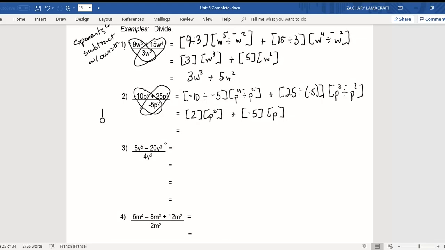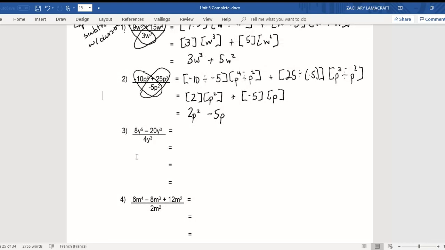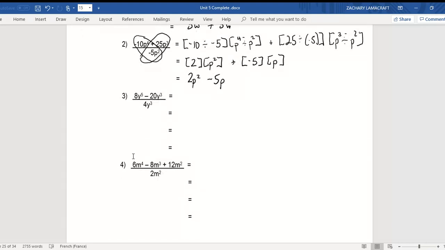So if we put it all together, it would be 2p squared minus 5p. Okay. Give you a sec to write that down.